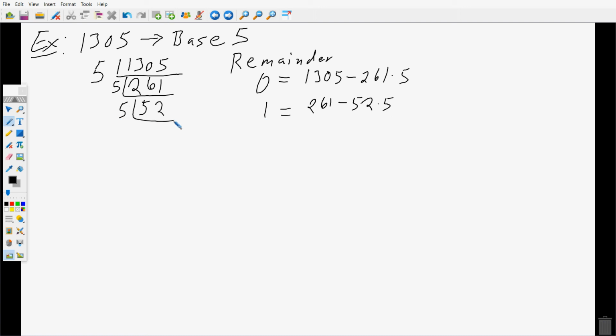Come back to the left. 52 divided by 5 is going to give you 10. Go to the remainders. 52 minus 10 times 5 will give you 2.